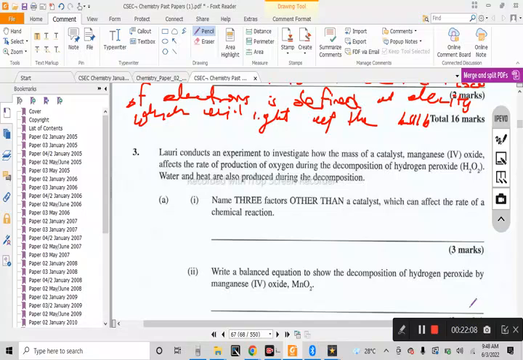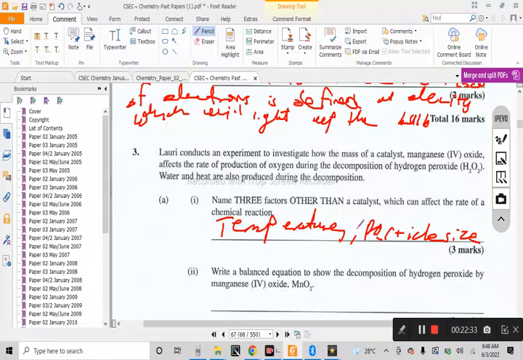So name three other factors, other than a catalyst, which can affect the rate of a chemical reaction. So glad we named them out before. Repeat. Temperature, particle size. No, I never said density. Particle size, check your book. You need to write them down.